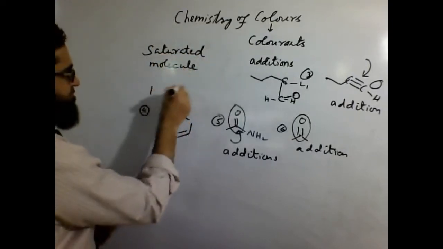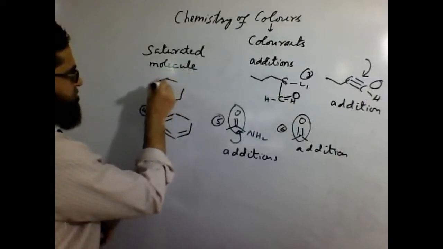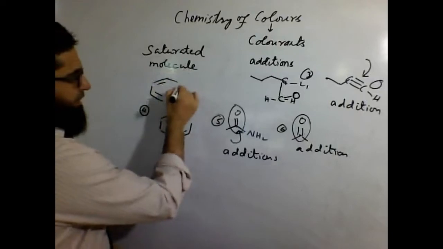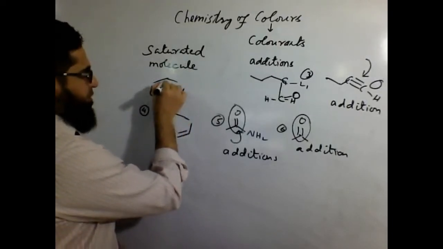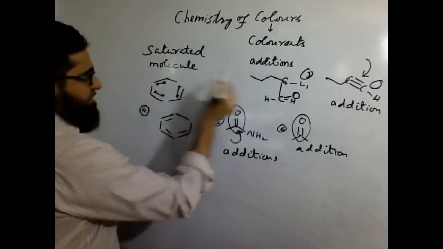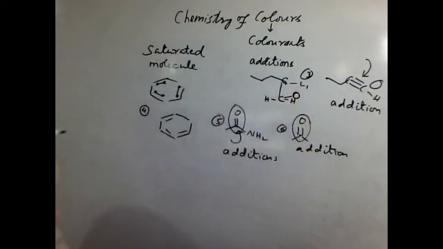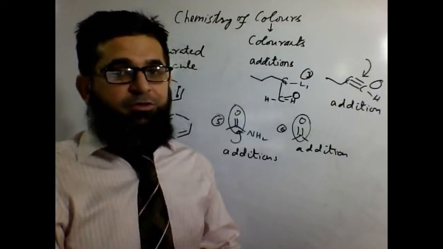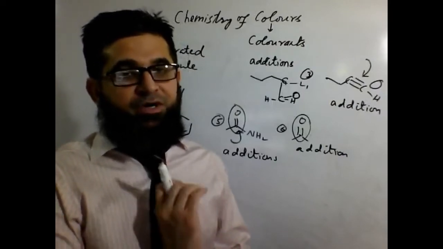Benzene apparently seems to carry 3 double bonds. So as I've just explained to you, any molecule which carries a double bond is supposed to undergo additions because of its unsaturated nature.